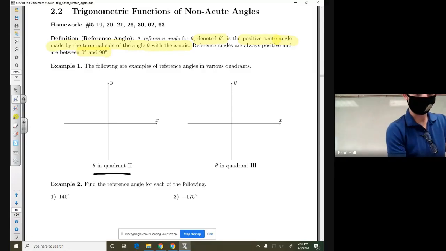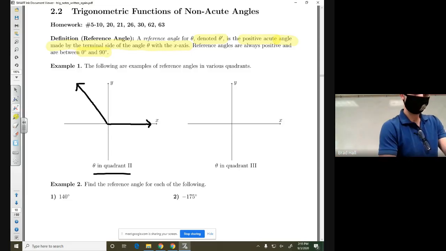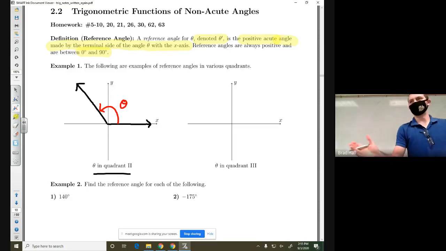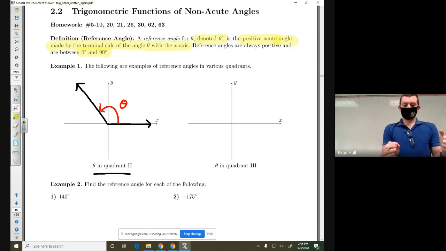Remember, we always start over here, and then some angle in quadrant 2. I'll just draw some random one. This is just to visualize it. I'm not giving a value for theta quite yet. So that would be theta.